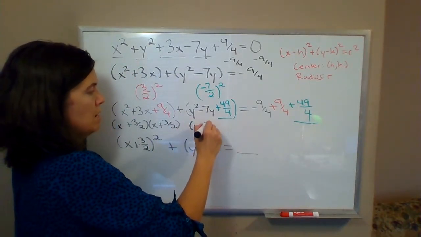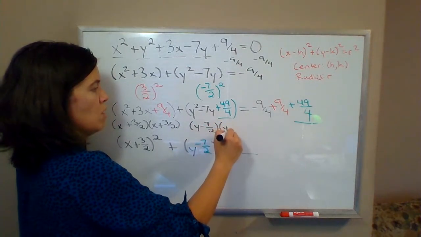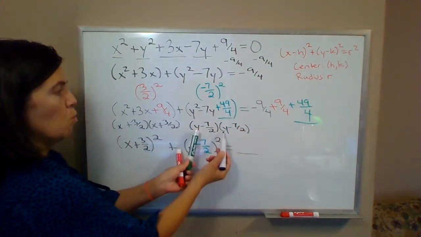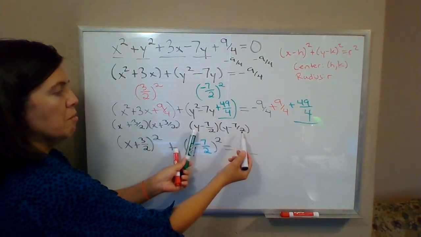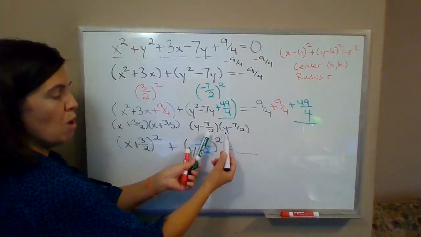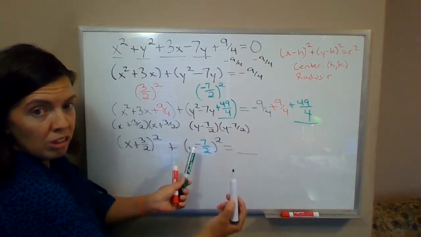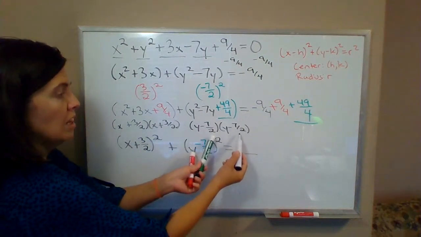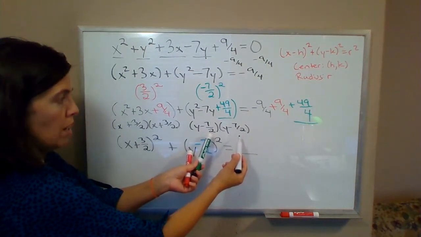So (y minus 7/2) times (y minus 7/2). I'm going to FOIL that to double check. I get y squared minus 7/2 times y, minus 7/2 times y. When you combine that, you're going to have minus 14/2 y, which is -7y. And then last, you'll have plus 49/4.